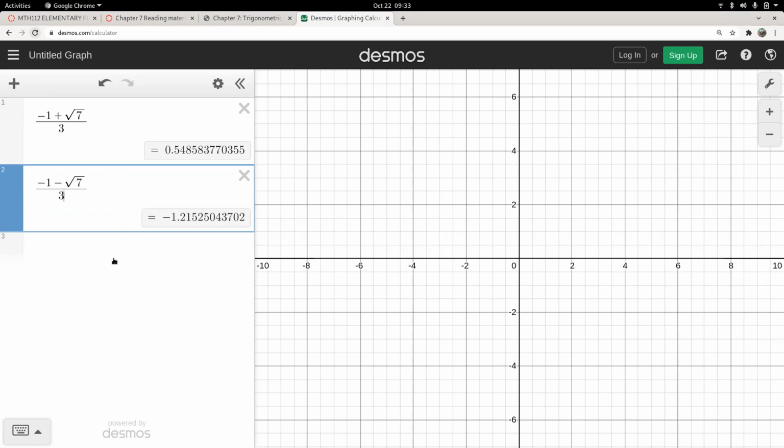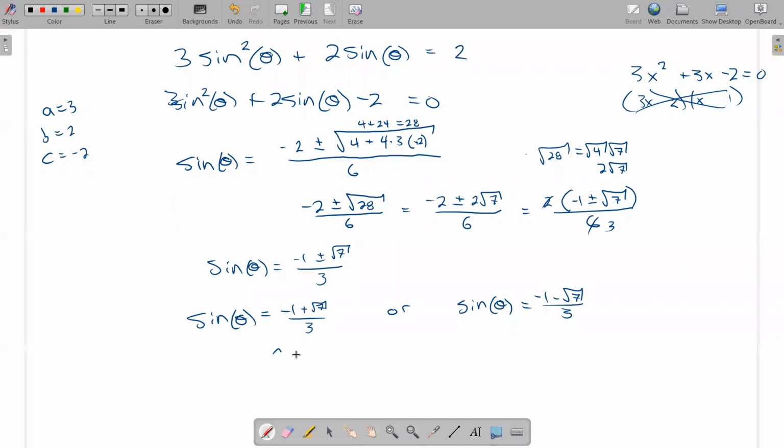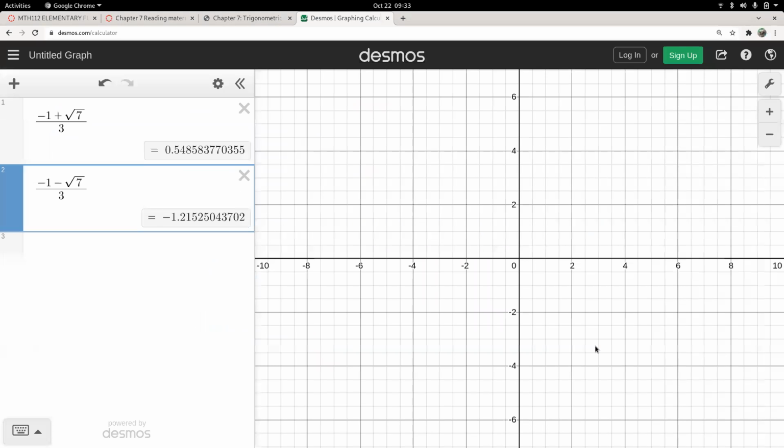So let's say negative 1.22-ish and 0.55-ish. So this one right here is about 0.55. We'll use the exact number on the calculator in a moment. This one right here is negative 1.22.